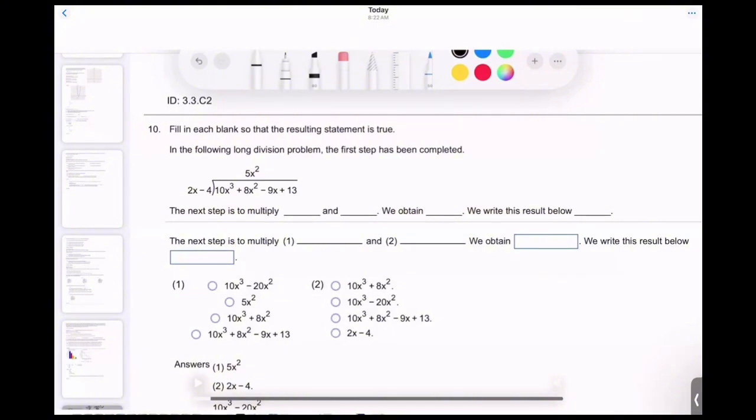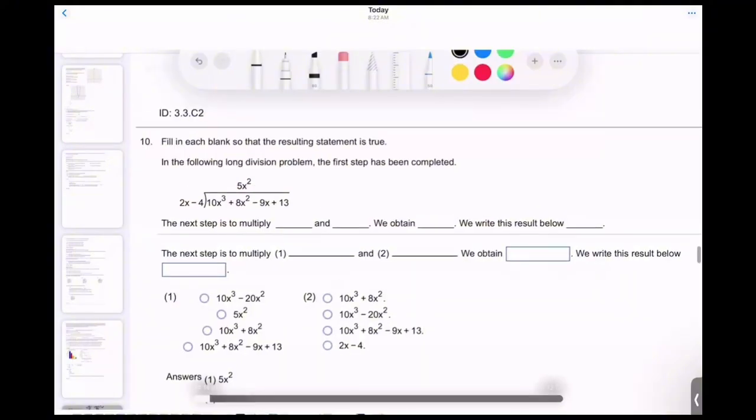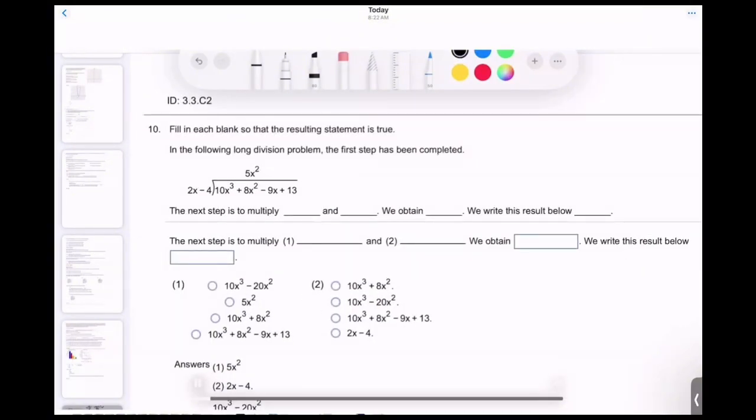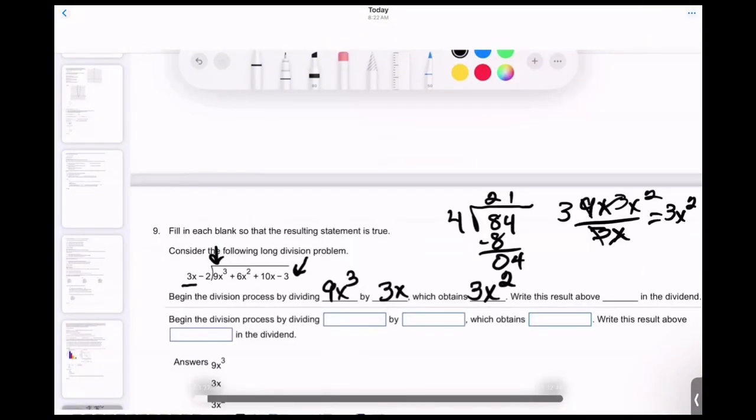So you multiply the 3x times 2. So, okay, let me go back, because it's probably going to confuse you. I'm trying to see how I can explain that a little bit better.